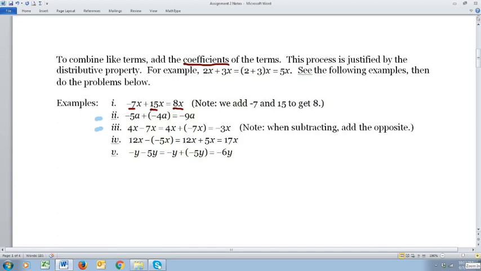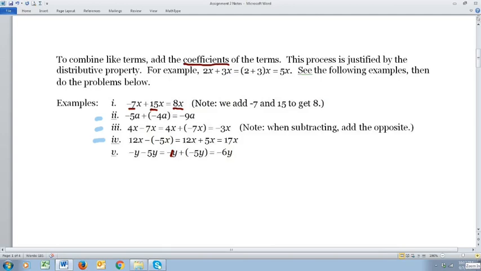On problem 3 here, or example 3, we can write this using adding the opposite. So this becomes 4x plus -7x, which gives us -3x. Same thing here, we're going to add the opposite. We end up with a plus positive 5x, and so that's 17x. And then on this last one here, notice you're going to be adding a -1 and -5.